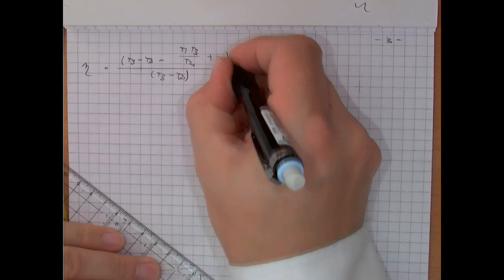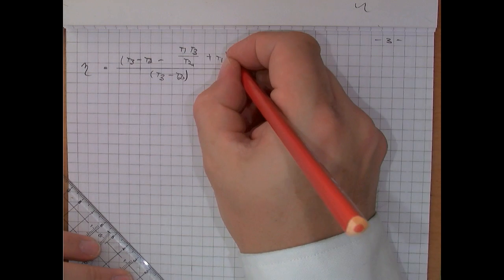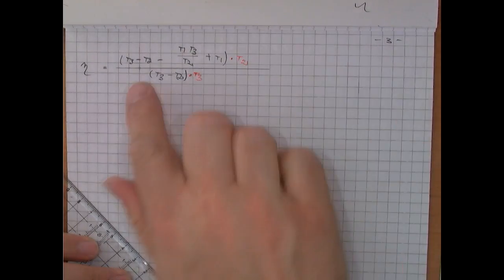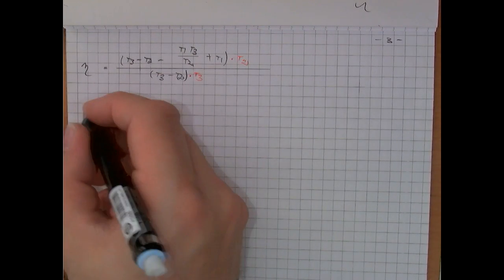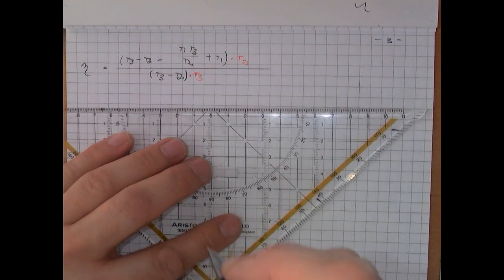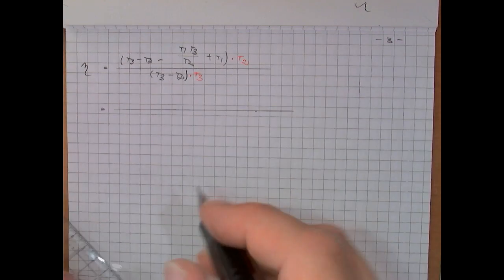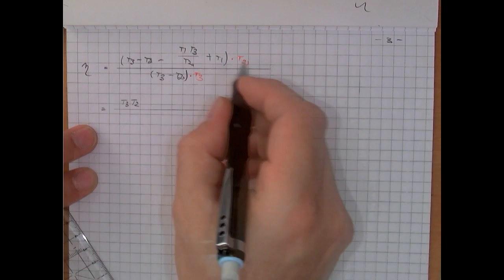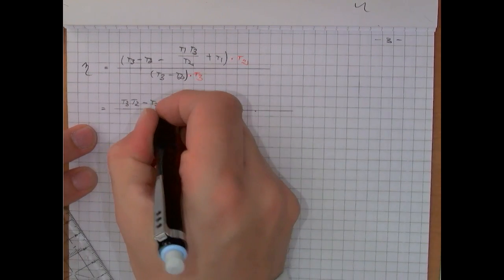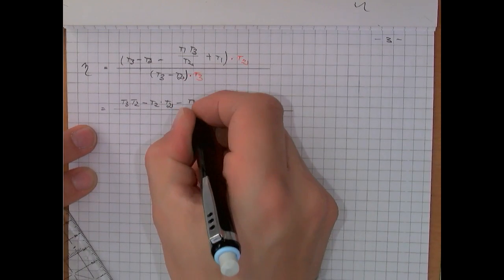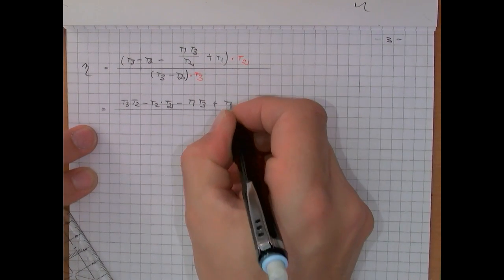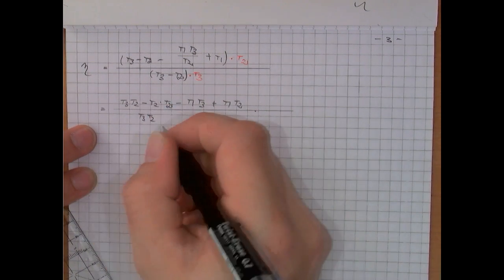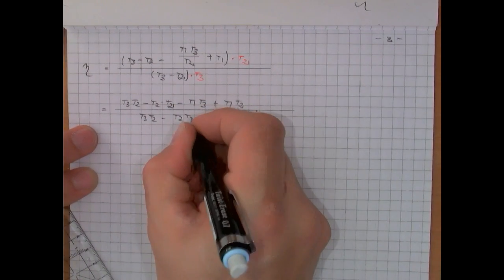And now let's multiply numerator and denominator by T2, just to get rid of this fraction. This is some very simple algebra now. We have products of temperatures, T3 T2 minus T2 times T2, minus T1 T3 plus T1 T2, divided by T3 T2 minus T2 T2.